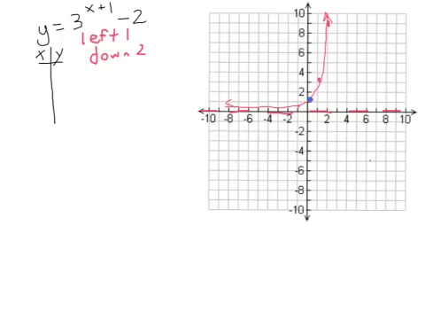The ordered pair (0, 1) is going to move left 1 and down 2. So it would now be here. Okay, so that point is moved. The asymptote, which was at 0, is moving left 1 and down 2. So normal y equals 0 is going to move down to y equals -2.